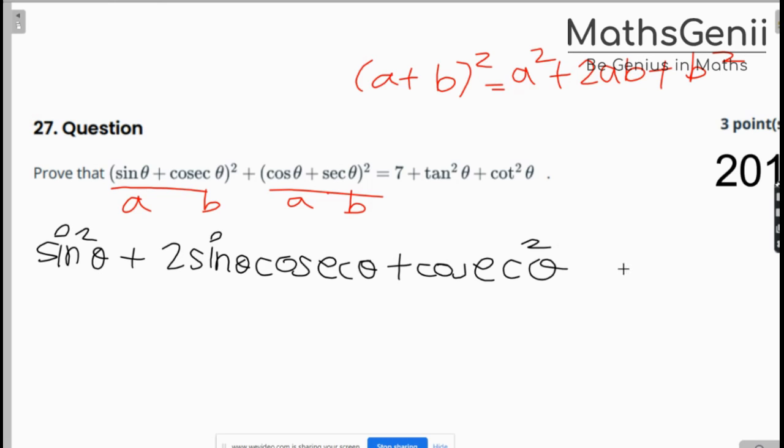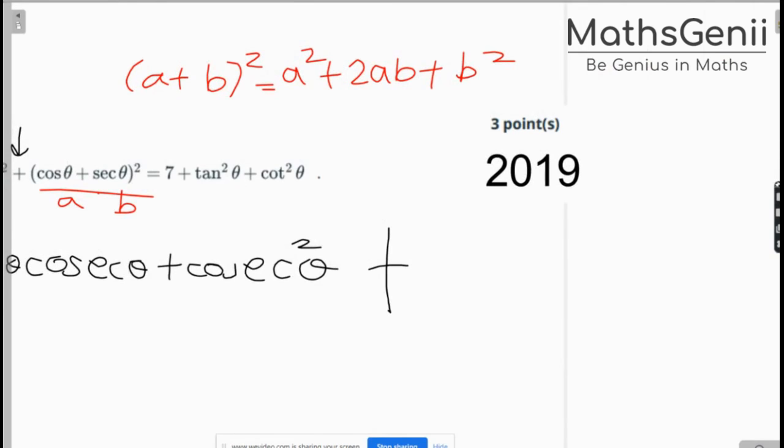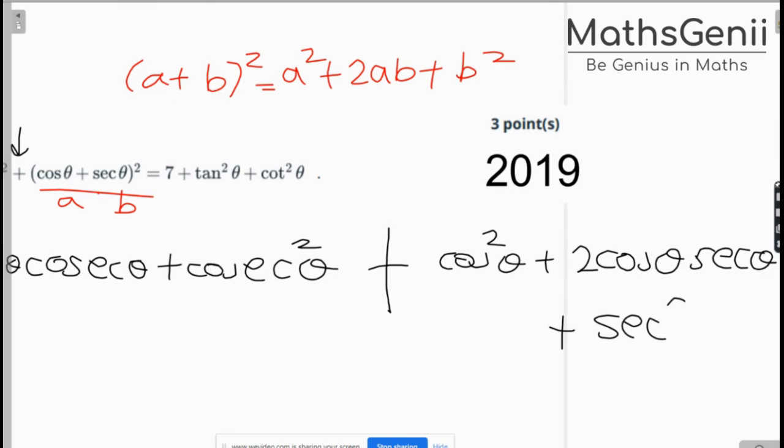Correct? This is the bracket and then this plus sign. Then I'm going to expand this part, which is a square plus 2ab plus b square.